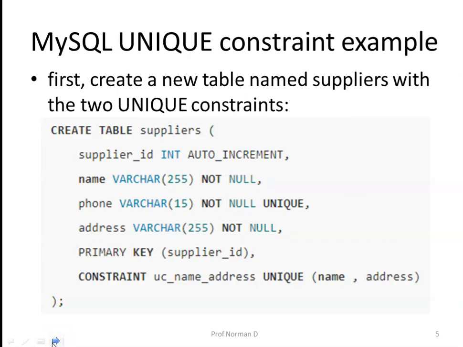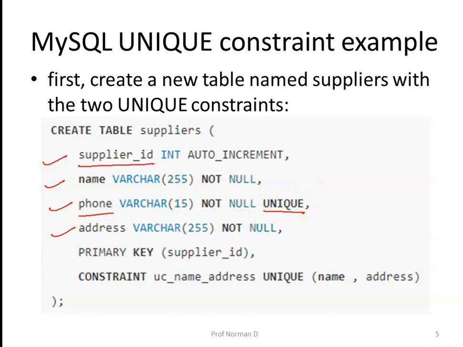Now in this table, I am creating a relation by the name suppliers. My attributes are supplier ID, name, phone, address. Supplier ID is the primary key, and I am specifying some constraints on more than one attribute. I am making sure that the phone number is unique.